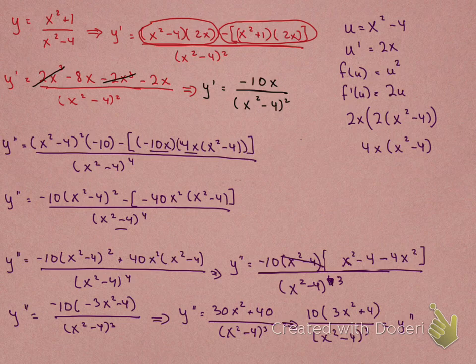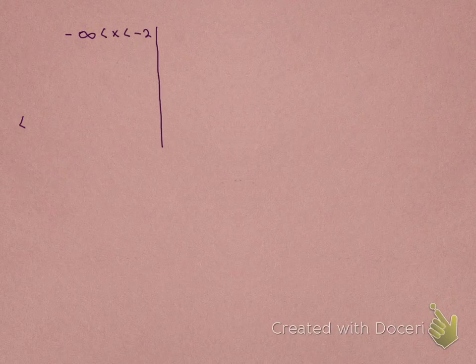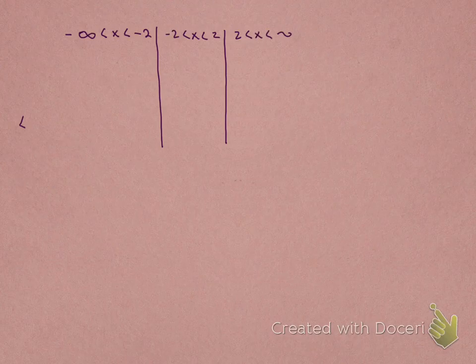So when you set the denominator equal to 0, you know that x is going to equal negative 2 and positive 2. So that is going to be put into our table from negative infinity to negative 2, negative 2 to positive 2, and from positive 2 up into infinity.